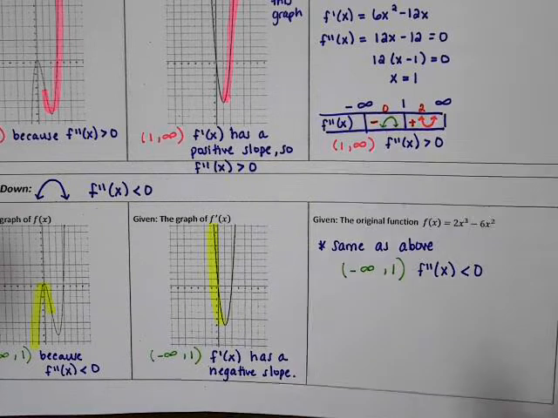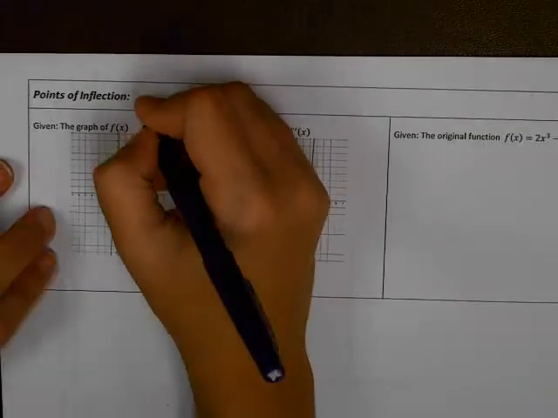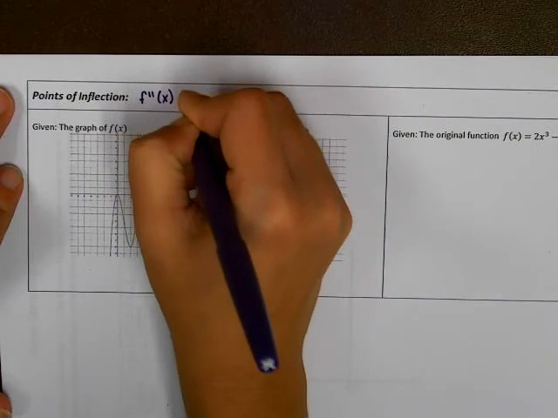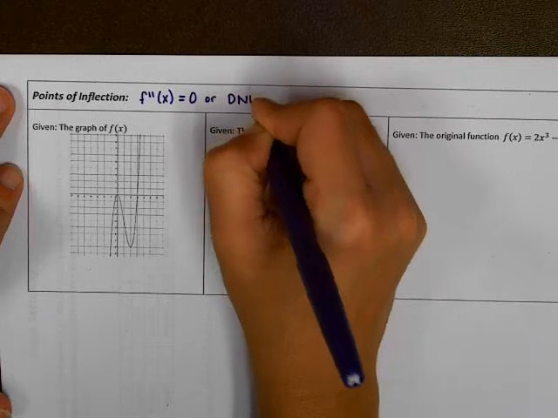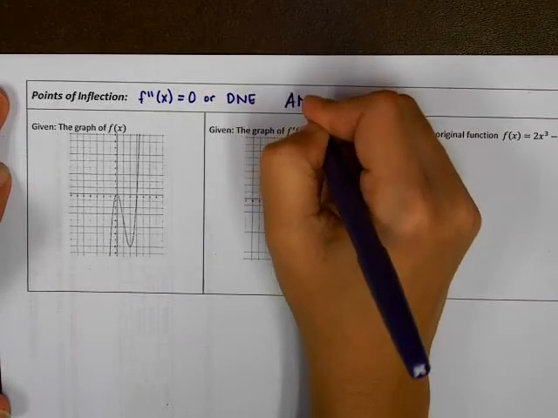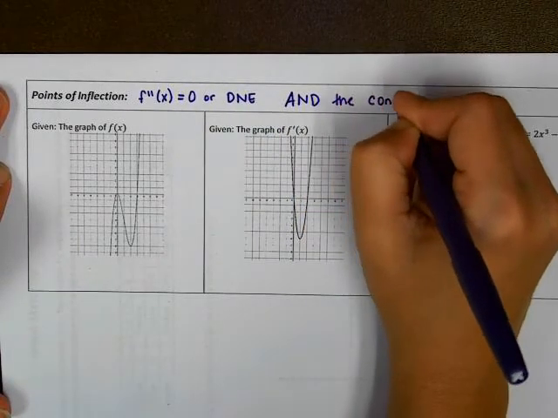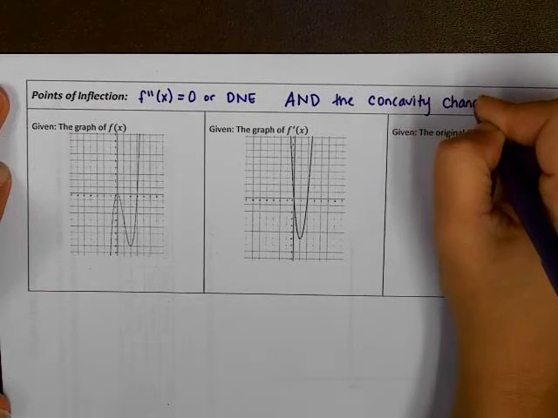Now, one last vocabulary word you should be familiar with is this idea of a point of inflection. A point of inflection is a place where the second derivative is equal to 0 or does not exist, but this is the really important part, the concavity changes.